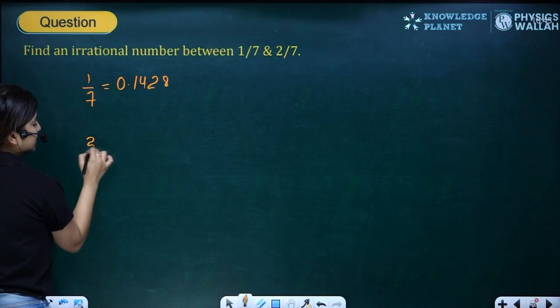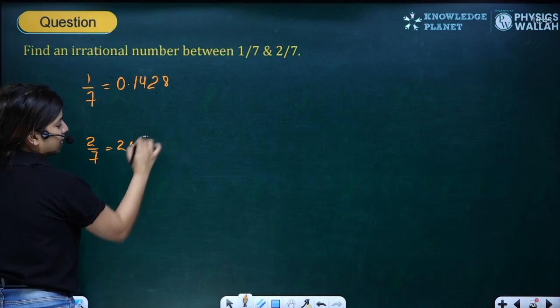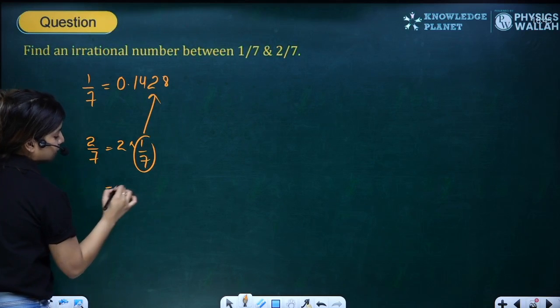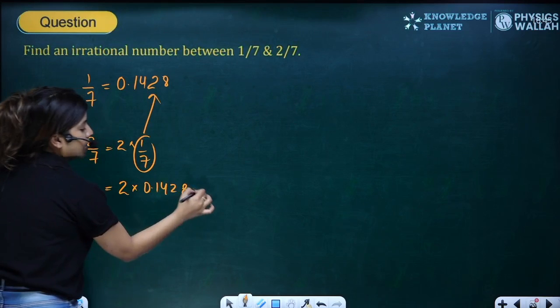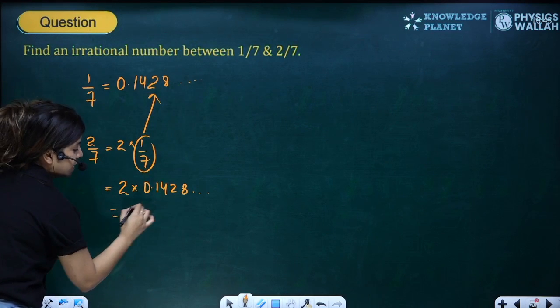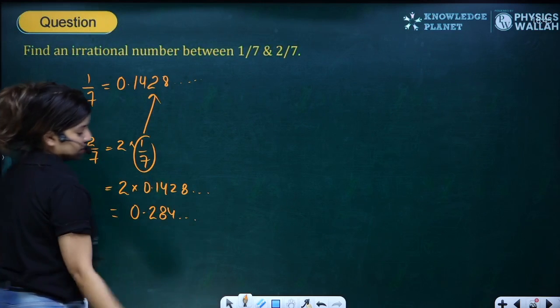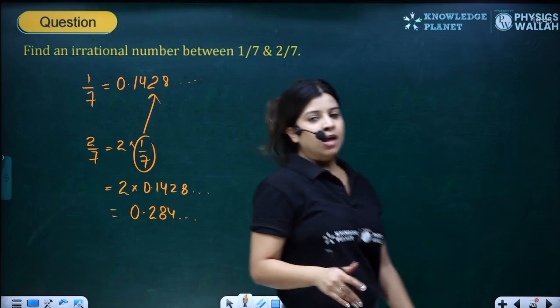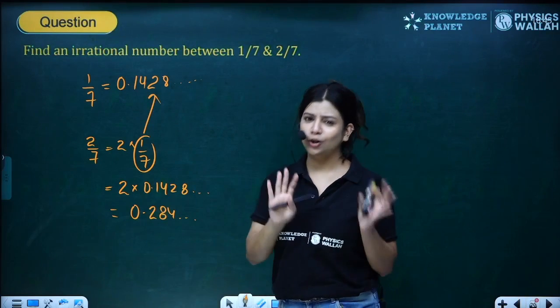Similarly, 2 by 7, that means 2 into 1 by 7, and 1 by 7 has this decimal expansion. So 2 into 0.1428 and so on will give us a decimal expansion of approximately 0.28.